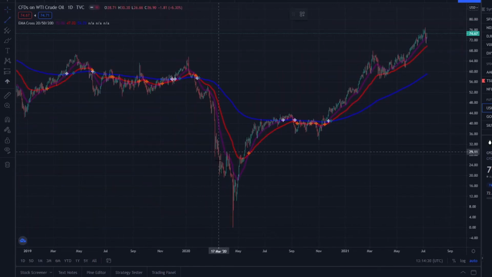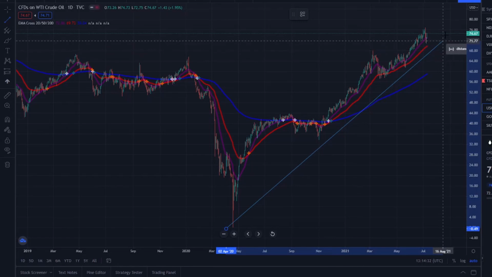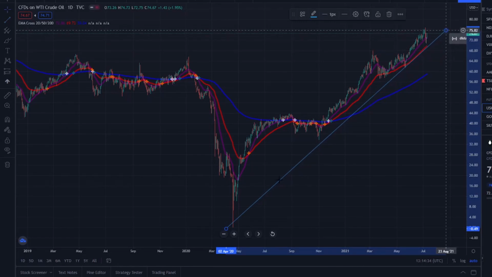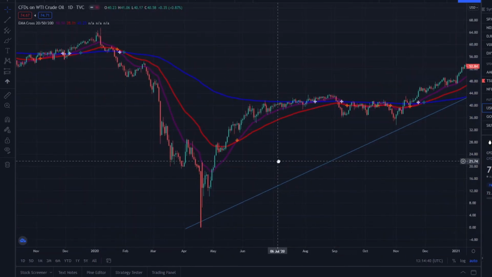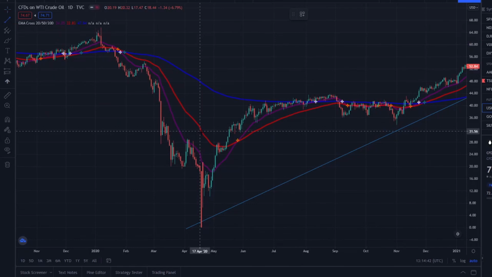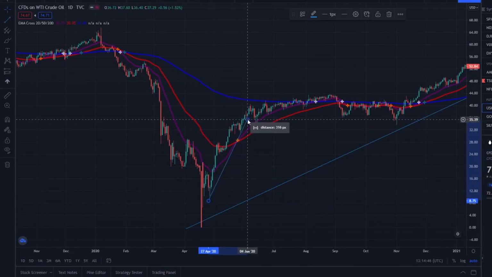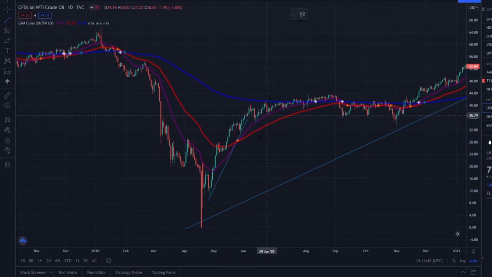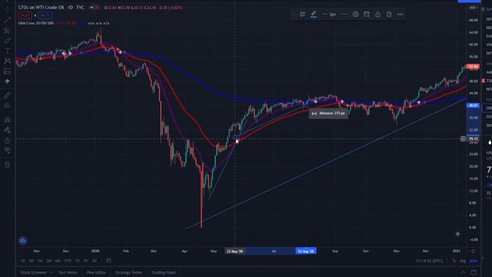Because of course we could also say here is a trend line, and so we are on an uptrend here. But if we look at this line here, we also were on an uptrend here, because, or if we make it like this, we were forming higher highs, higher lows.